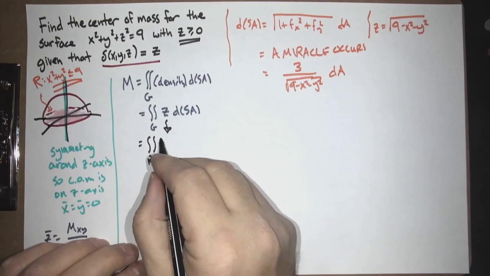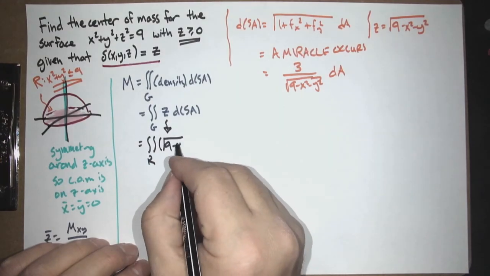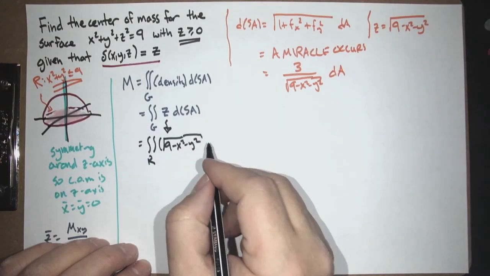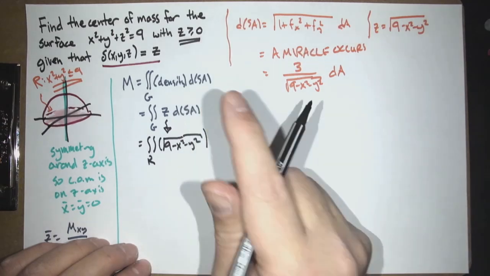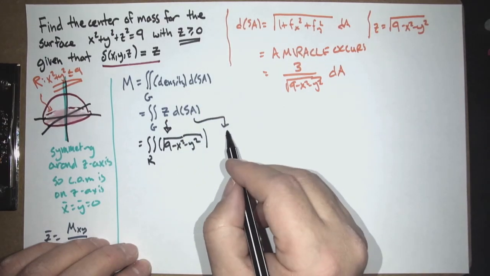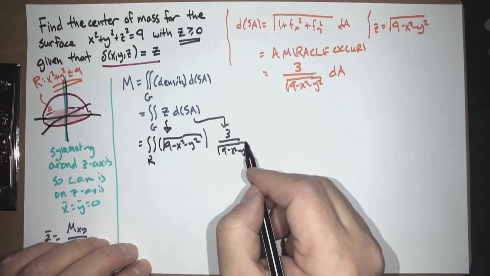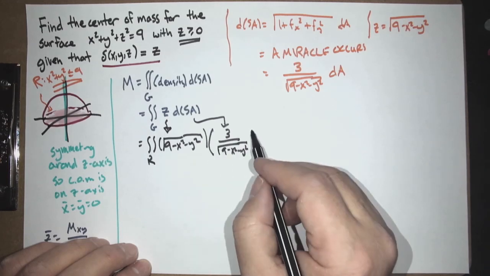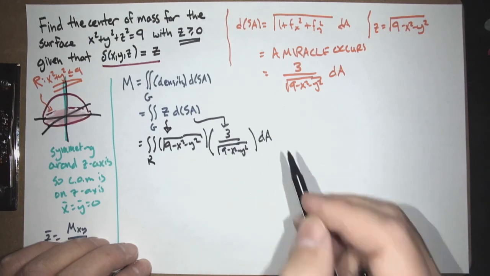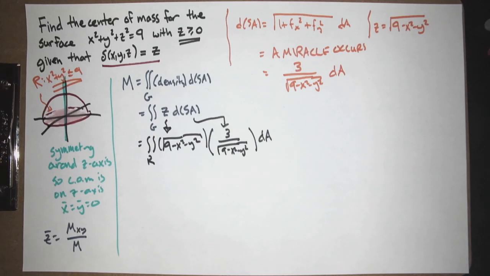So this is the square root of 9 minus x squared minus y squared. Now, the dSA becomes 3 over the square root of 9 minus x squared minus y squared. So, does anything happen?